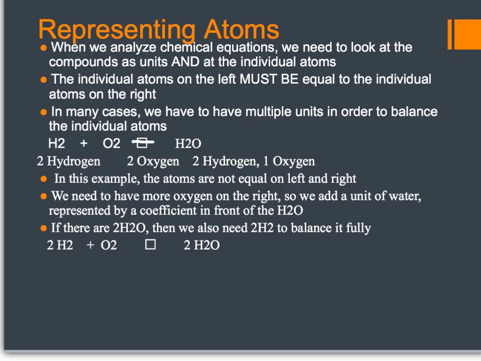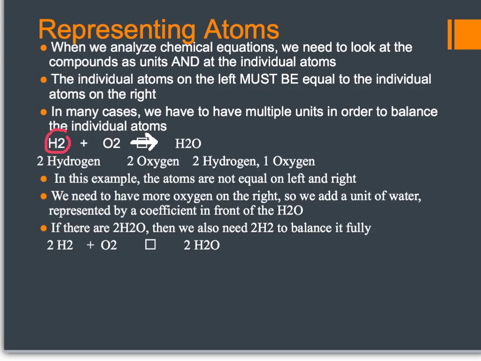This is not always the case when you just write the formulas involved in a reaction, just like with a recipe. Just saying flour and sugar and eggs doesn't represent how many of each thing you need, what the units would be. So we do that by showing that some parts of the reaction have more than one unit. So when we count here, let's start with looking at our hydrogens.